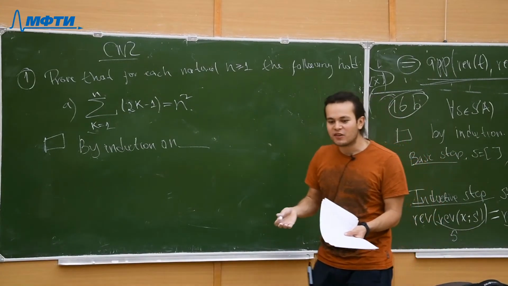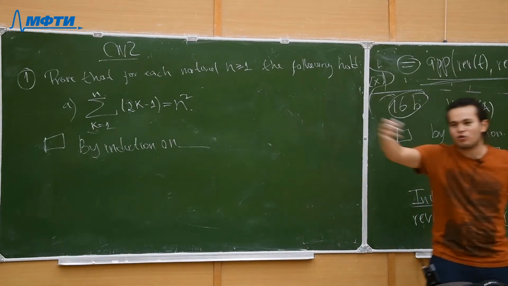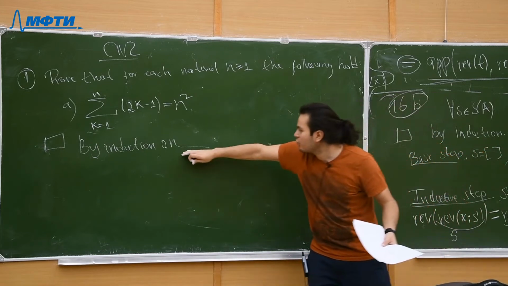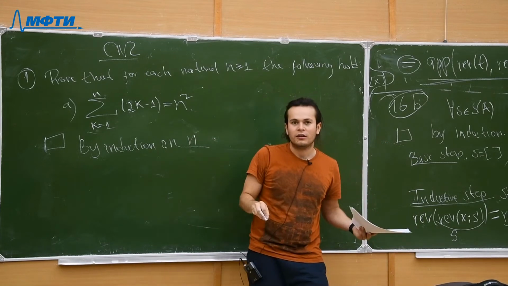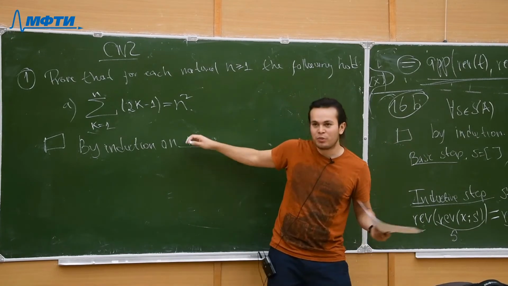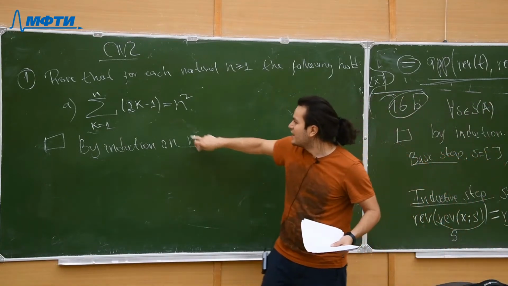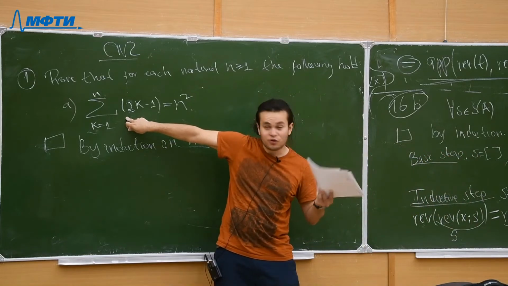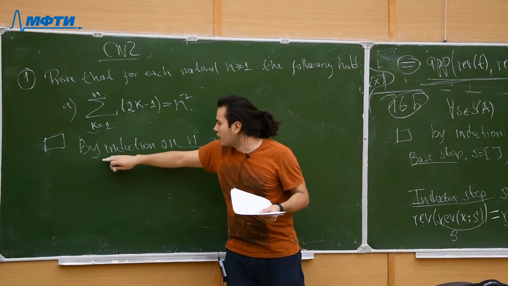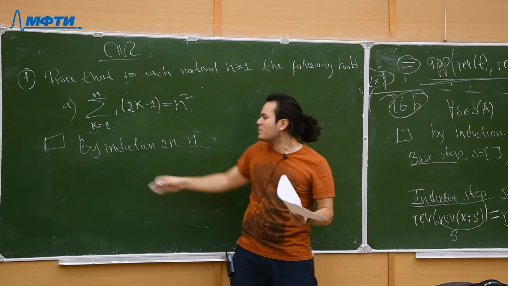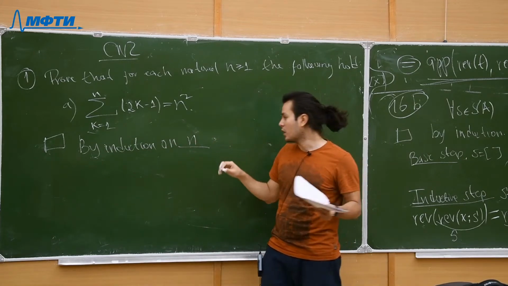Induction means that you say something holds for 0, and then for any value. This something should be written here. So this is by induction on n, and n is going to change its value. So we need to prove this for n equal to 0, and then for any n. You can write just by induction, but you have to understand by induction on what: on n in this case.